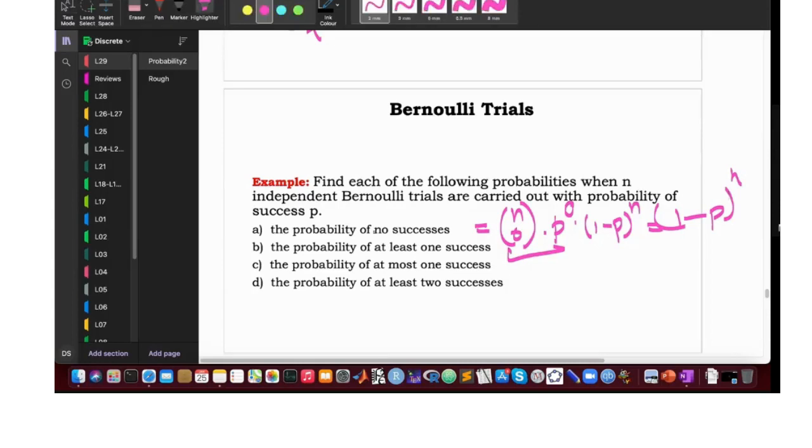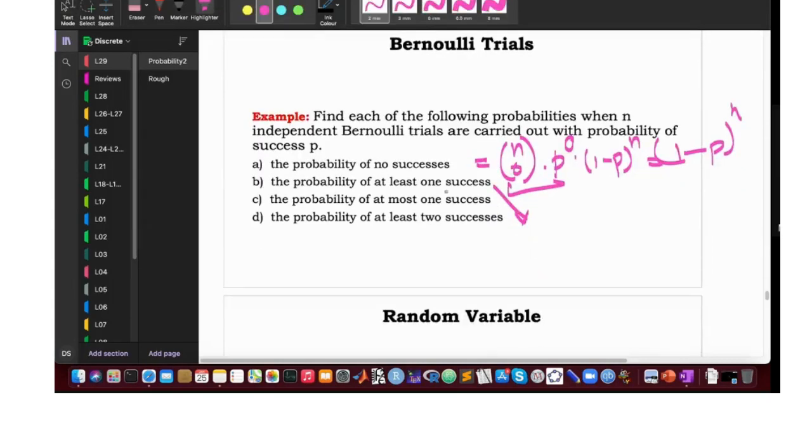All right, probability of one success. Chavez, what's the probability of one success? Just put the value in the formula, okay?